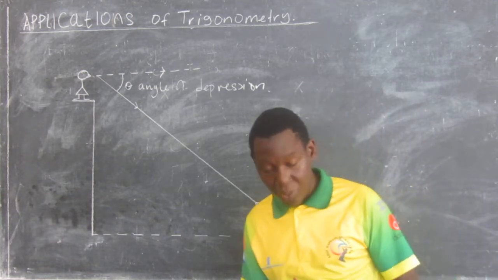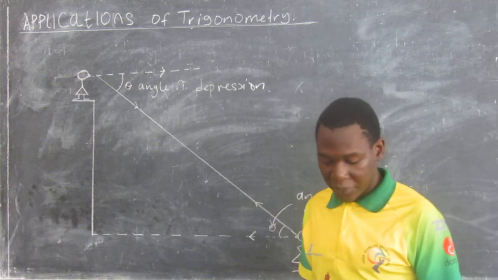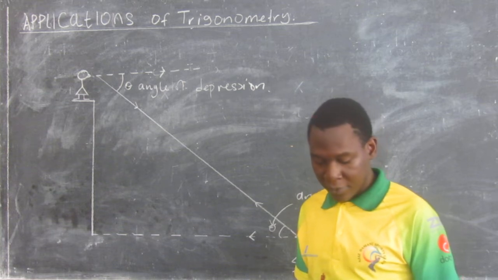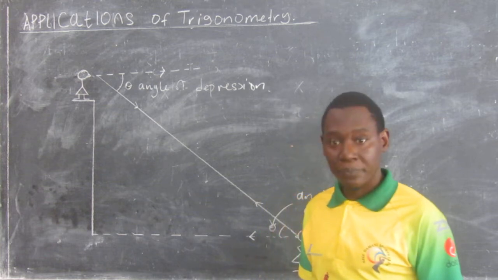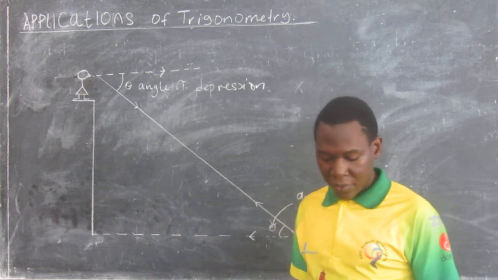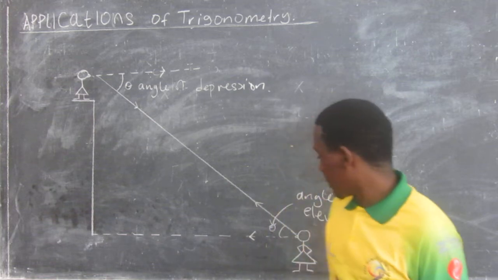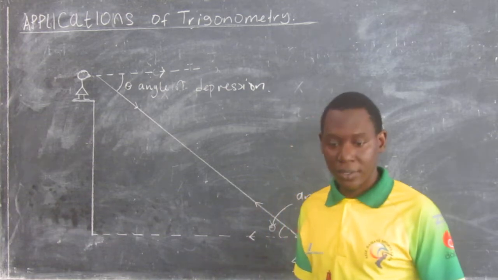Let me repeat the question once more. John wants to measure the height of a tree. He walks exactly 100 feet from the base of the tree and looks up. The angle from the ground to the top of the tree is 33. In this case, 33 is the angle of elevation, and we are to find the height of the tree.